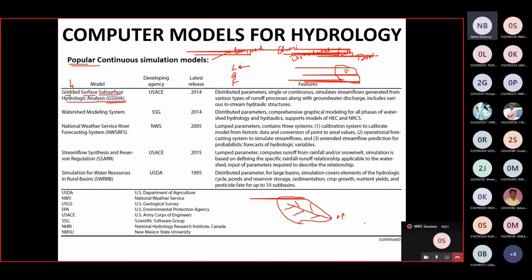Now in terms of the quasi distributed model, if we have a particular watershed and there is a river network, in that case we can distribute this watershed into smaller sub watersheds. If I consider the first small tributary, I will consider this small area and measure the discharge at the outlet of this small tributary.